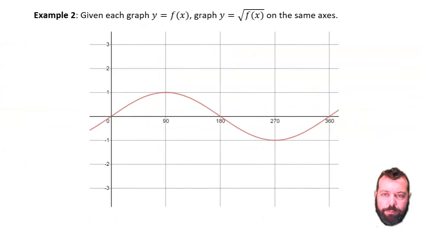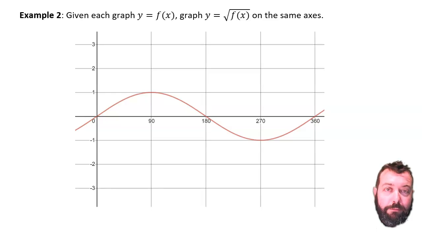Righto, square roots. One more. We have the sine function again. Because my range is from 1 to negative 1, my square root function, from 0 to 180, that's fine. From 180 to 360, we know that's third and fourth quadrants, and sine is negative in the third and fourth quadrants. So I can't take the square root of that. So it's only going to exist from here to here.